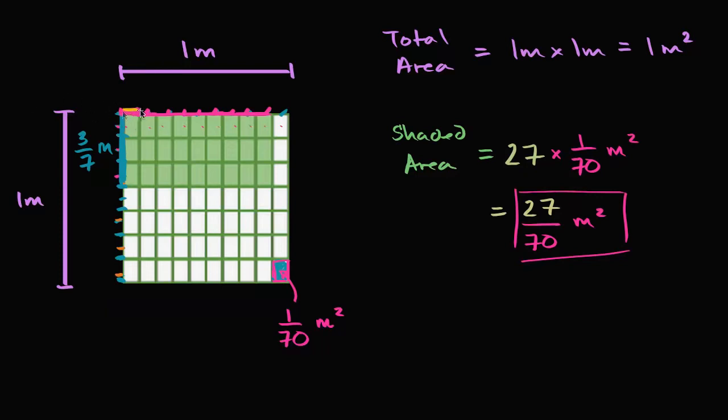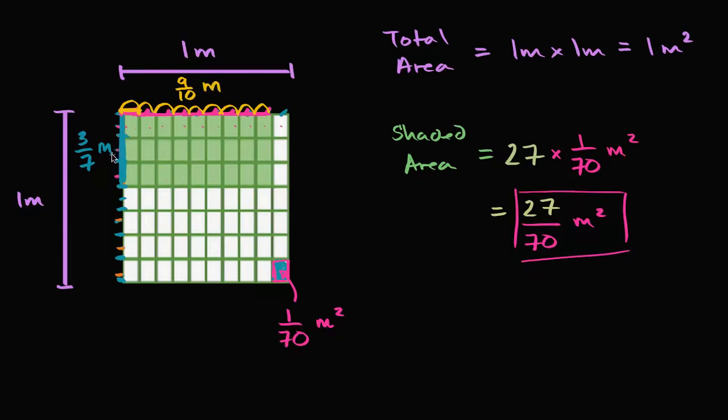So this distance right over here is going to be a tenth. And so how many tenths represent the width of the green area? Let's see. We have 1 tenth, 2 tenths, 3 tenths, 4 tenths, 5 tenths, 6 tenths, 7 tenths, 8 tenths, 9 tenths. So this width is 9 tenths of this whole length, which is a meter. So it's 9 tenths of a meter.